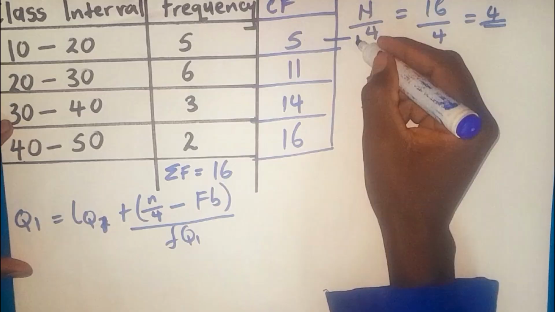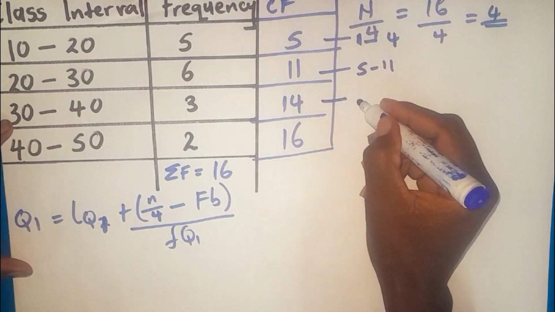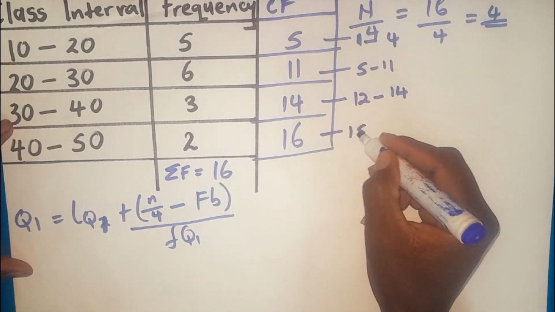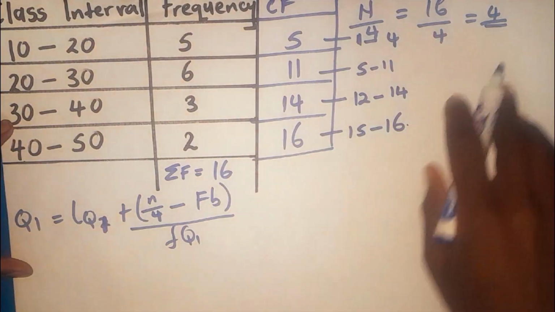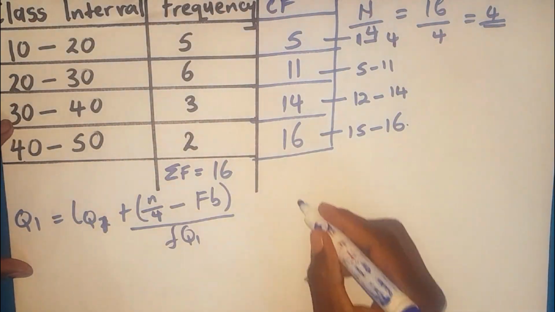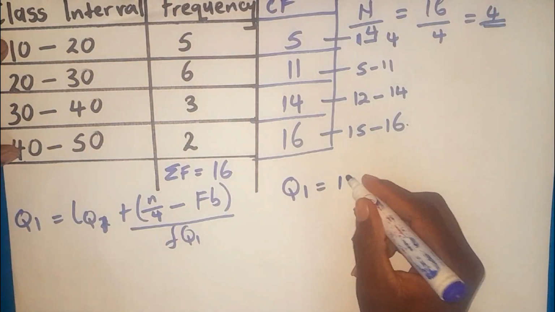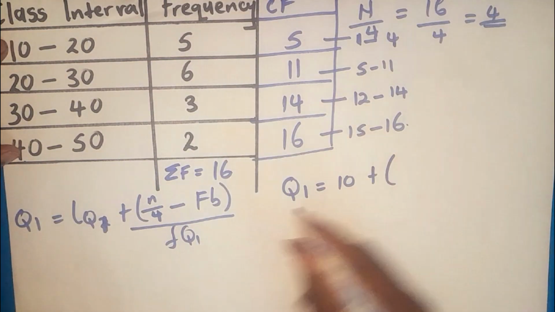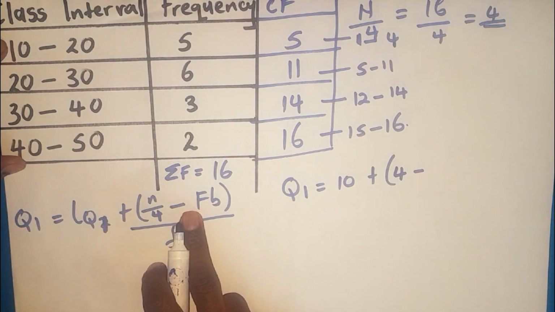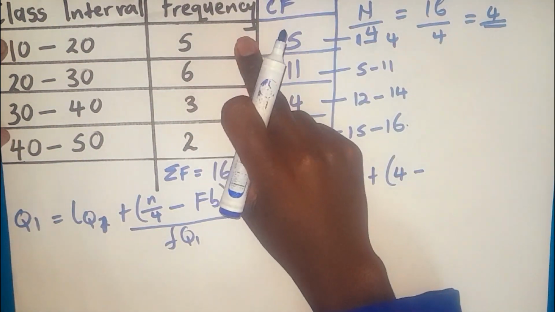Since this one has observations 1 to 5, then you have observations 6 to 11, then observations 12 to 14, and then observations 15 to 16. Therefore, this 4 is located here in the first class. So the first quartile is equal to the lower class boundary, which is 10, plus n over 4, that's 4, minus FB. Now we need FB, the cumulative frequency before the first quartile class.